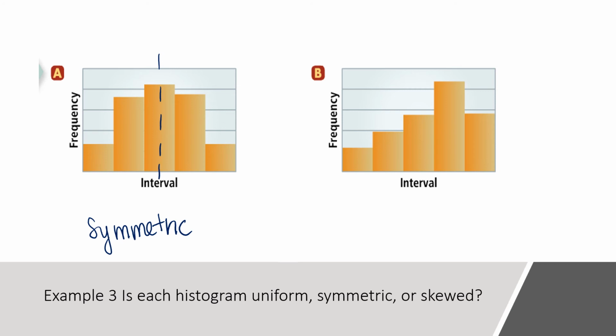Again, if you fold it, it would be symmetrical. And then the next one is going to be skewed because most of the data is on one side of the graph, on the right side there.